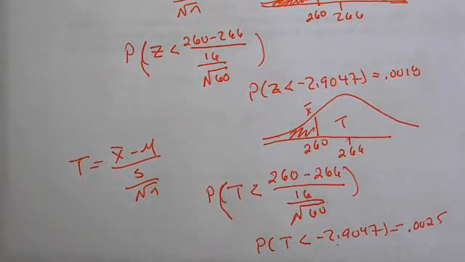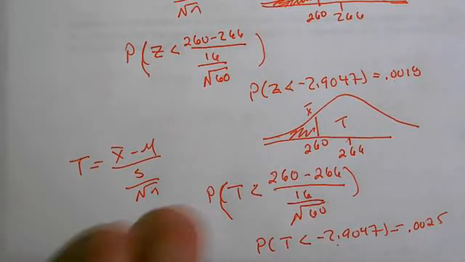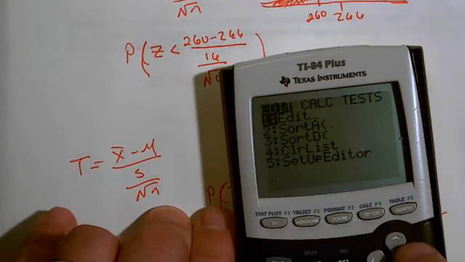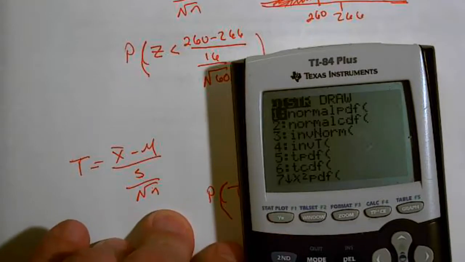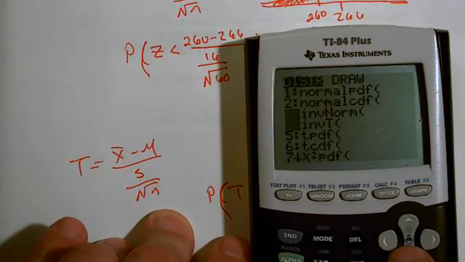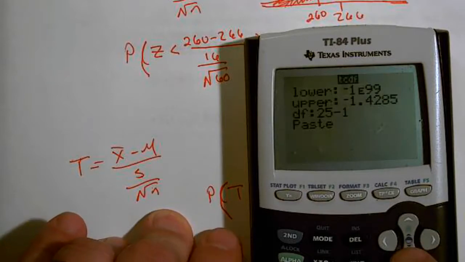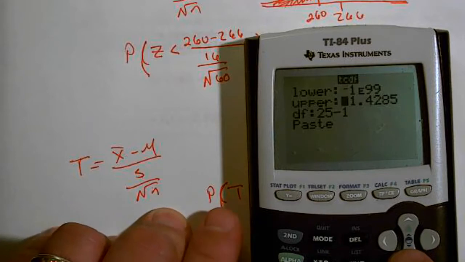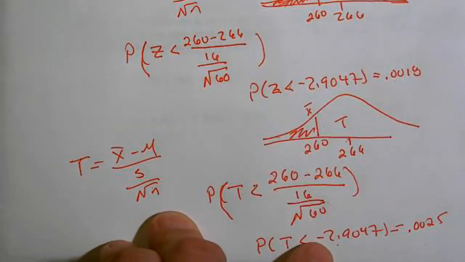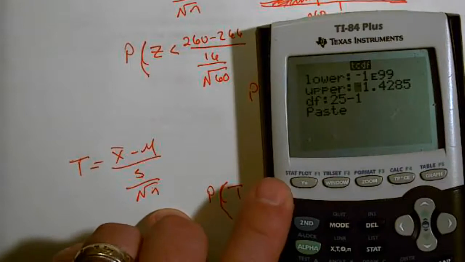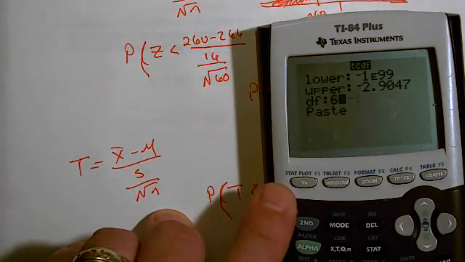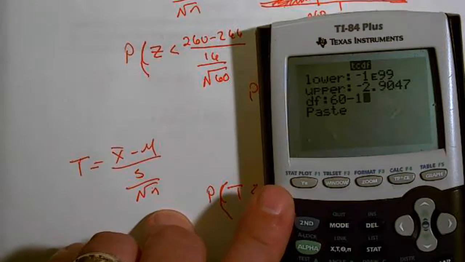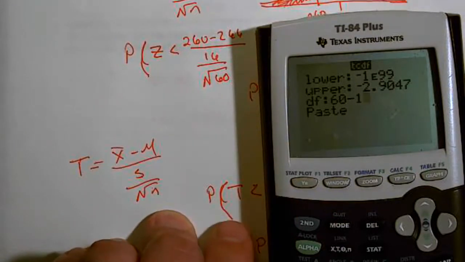Now, one thing I want to go back and show you is, once again, we can go to second VARS. So I don't want you to forget that this exists. Second VARS, TCDF, negative infinity. And now we're going to go to negative 2.9047. Our degrees of freedom was sample size 60 minus 1. So our degrees of freedom is always the sample size minus 1.